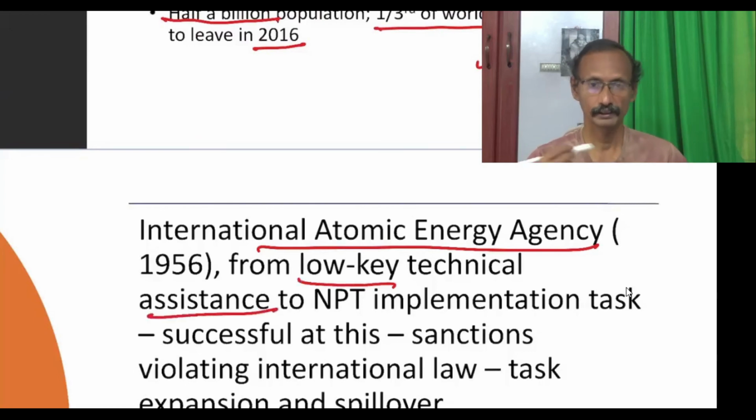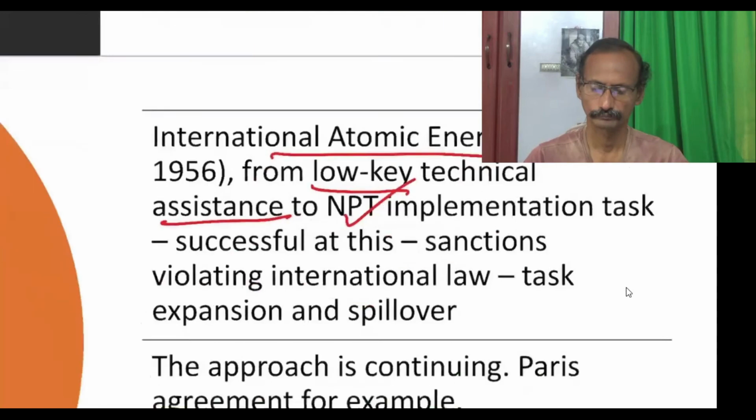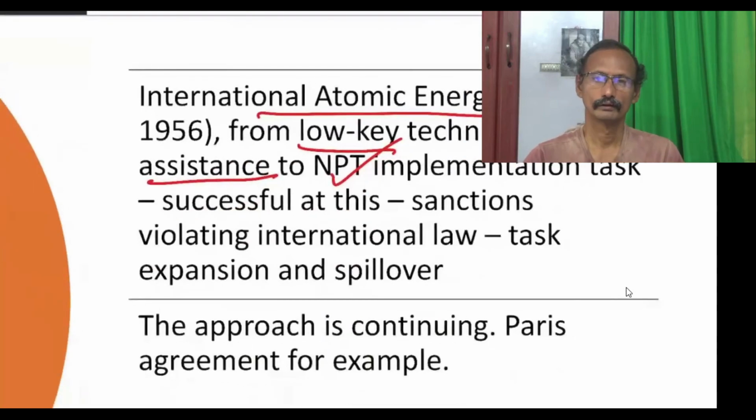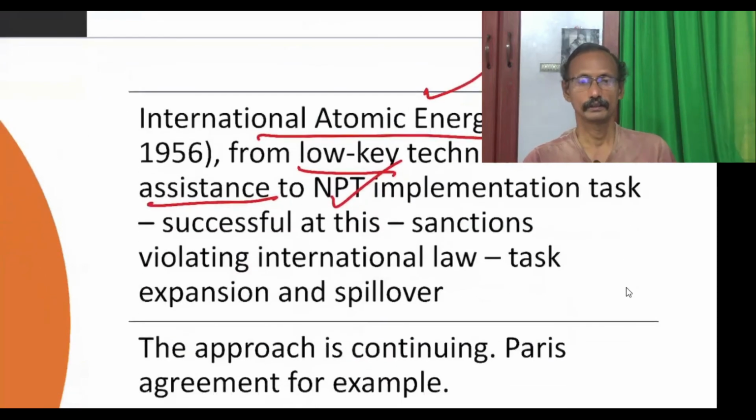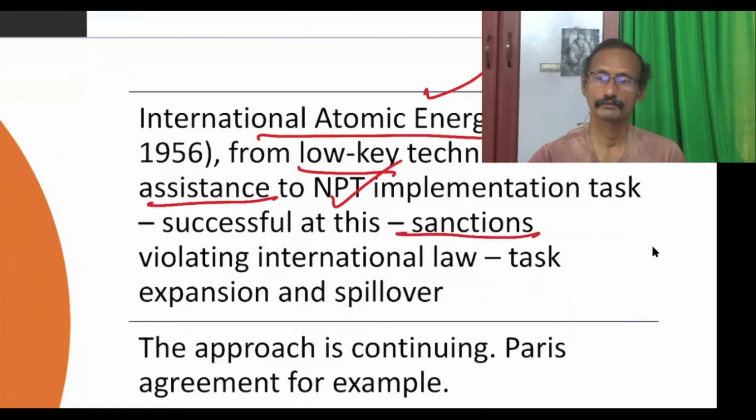And finally, later came the NPT, the Non-Proliferation Treaty. The Non-Proliferation Treaty is implemented through the IAEA, the International Atomic Energy Agency. And implementation of the NPT can call for sanctions. For example, Iran is under sanctions.